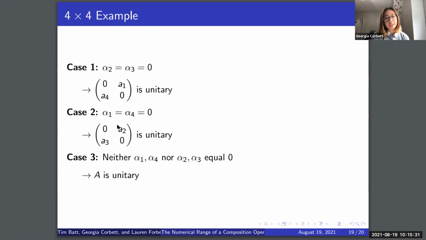Then in case 3, where neither the pair alpha 1 and alpha 4, nor the pair alpha 2 and alpha 3 equal 0, we can show in a very similar way to the 2 by 2 proof that a block in the matrix representation is unitary, but instead of just a block in A being unitary, the entirety of the matrix A must be unitary. I hope that you were able to see that the heart of the n by n proof really lies in the 2 by 2 case.